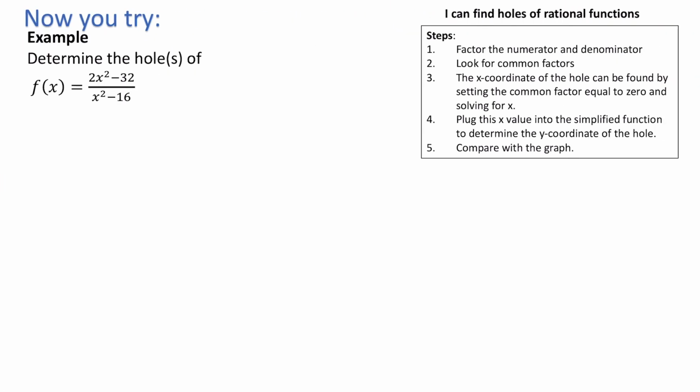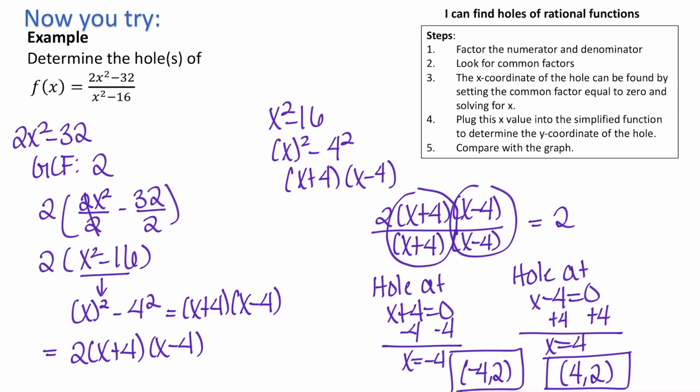So now you can go ahead and pause the video and try this example on your own. When you do this, you can factor the numerator into 2 times (x plus 4) times (x minus 4), right? Because it's x squared minus 16, and that is the difference of two squares. The denominator also factors into (x plus 4) times (x minus 4), so we actually have two common factors.